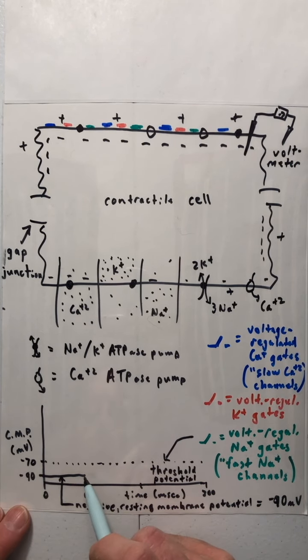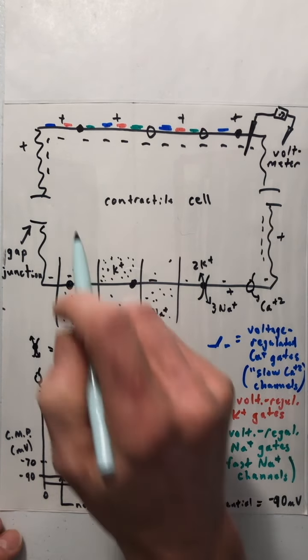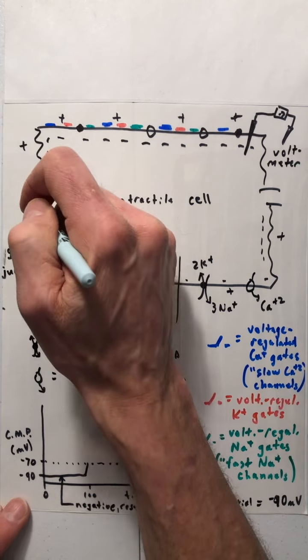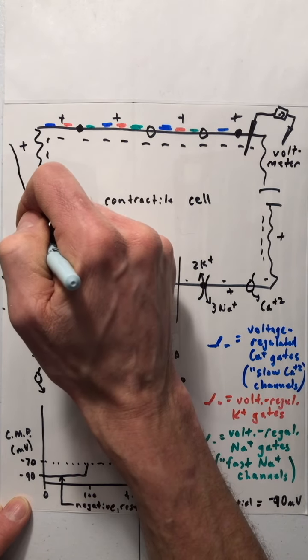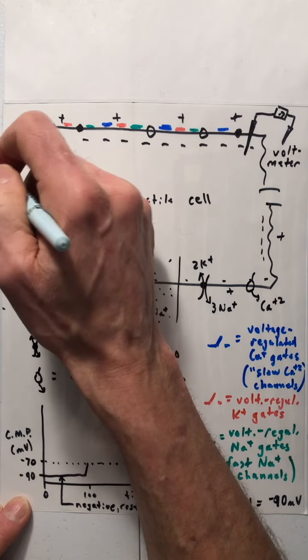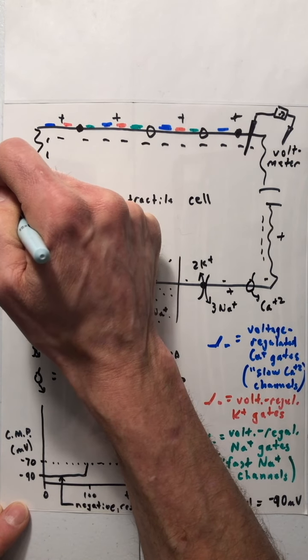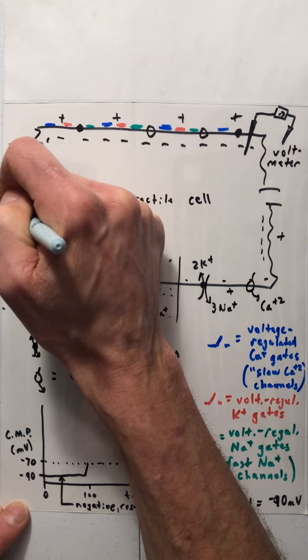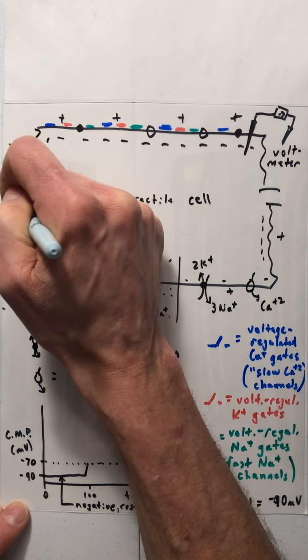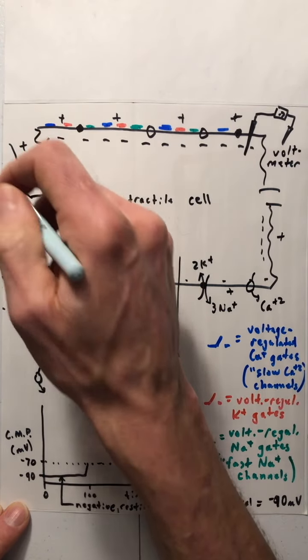Now you might ask, how did we get from a resting membrane potential of minus 90 up to minus 70? How do we get from here on the graph up to this threshold level? Well, the answer is in these gap junctions. Through these gap junctions, from the preceding cell, come diffusing in sodium and calcium ions from the action potentials of the next cell over.